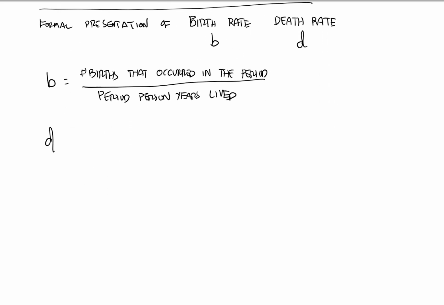And d is obviously going to be the deaths in that period divided by the period person years lived.